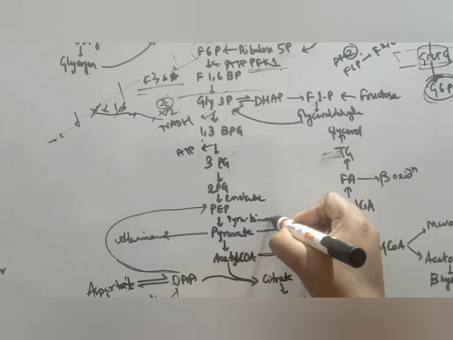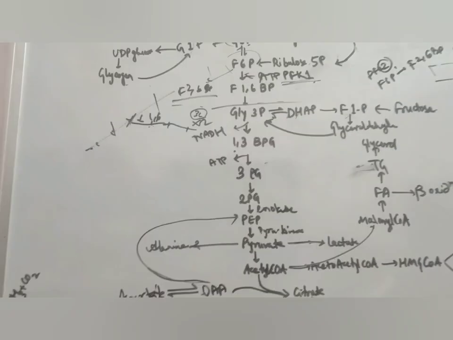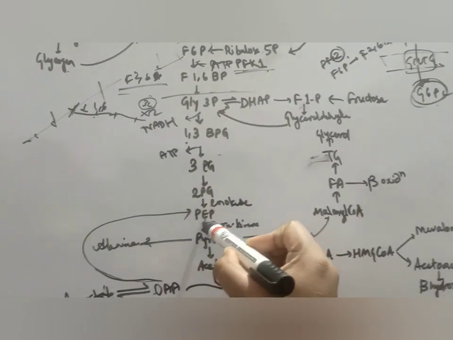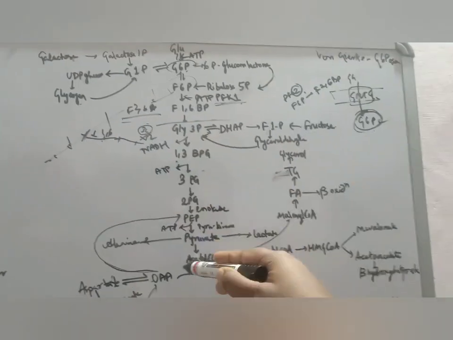I always feel very confused remembering this enzyme, but sometimes you have to remember stuff because this is biochemistry. So one more thing: from PEP to pyruvate there is a release of ATP, which is not 1 but actually 2 ATP, because everything is multiplied by 2.